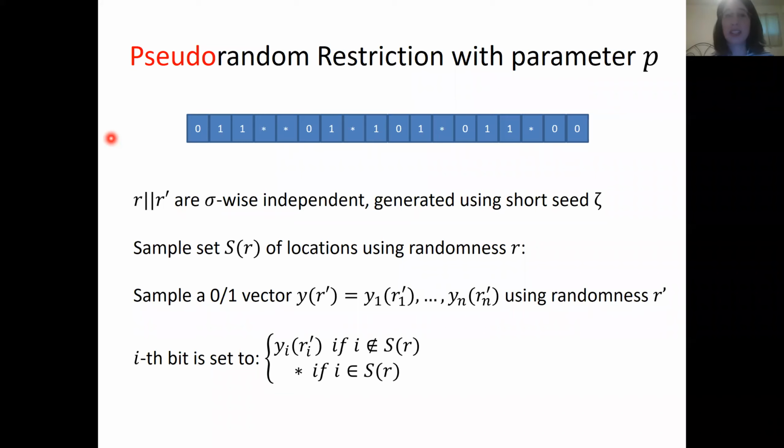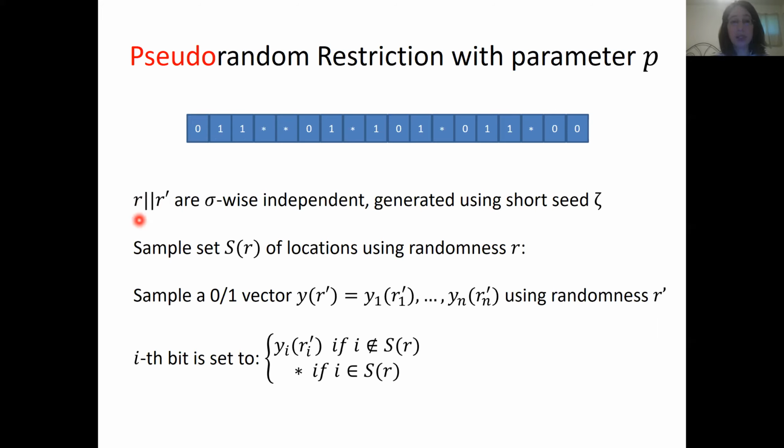Okay, so now we can see what a pseudorandom restriction is. So in a pseudorandom restriction, we want to take the second view of how to sample a random restriction. And it's going to be sampled in the same way as before, except that before, R and R prime, the randomness for sampling the set and the values of 0, 1, were uniform random.